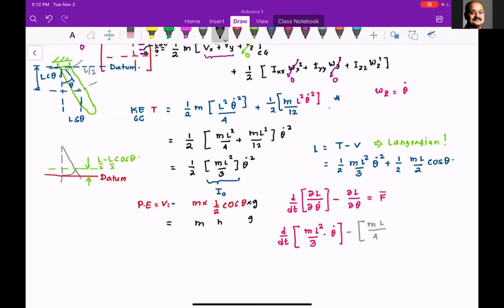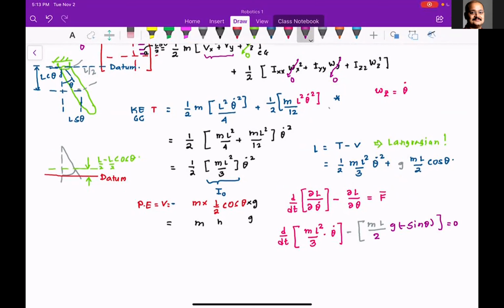So this becomes m L by 2 g cosine theta. The derivative of cosine theta is going to become minus sine theta, minus sine theta is equal to 0.